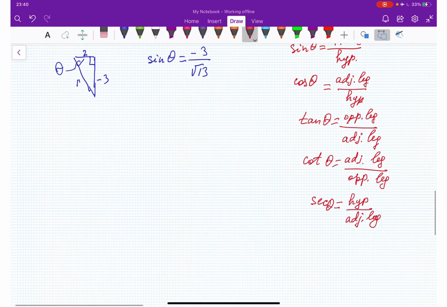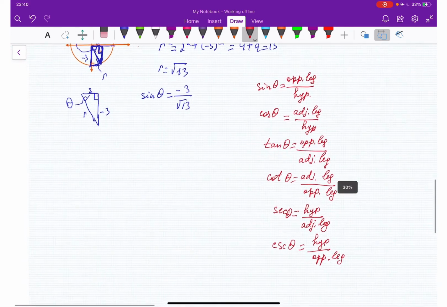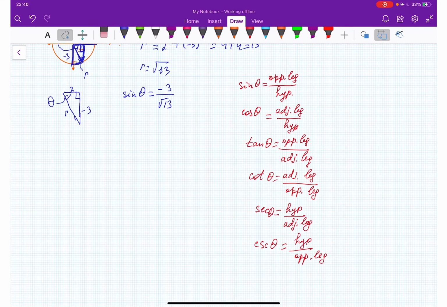All right, and the cosecant is the flip of sine, so it's going to be hypotenuse over opposite leg. Okay, let's start working now since we have all the information we need. I can make it much more comfortable. Let me see.